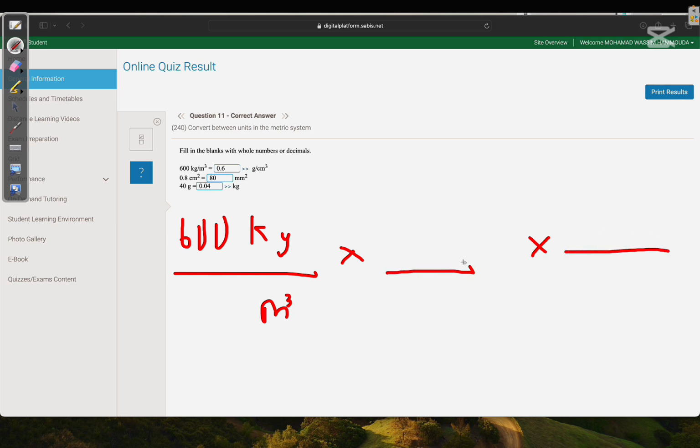Since we want to cancel the kilograms and kilograms is up, we have to put it opposite to it, which is down, and put the grams up. How many grams is 1 kilogram? 1,000. So now 1,000 over, and since meter cubed is down and we want to cancel it, we put meter cubed up and centimeter cubed down.